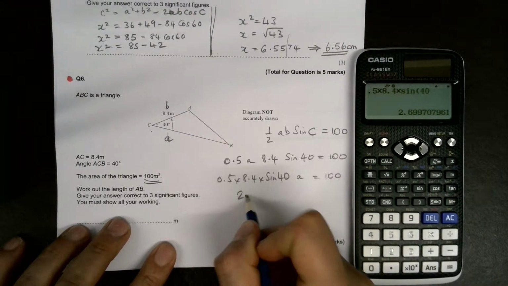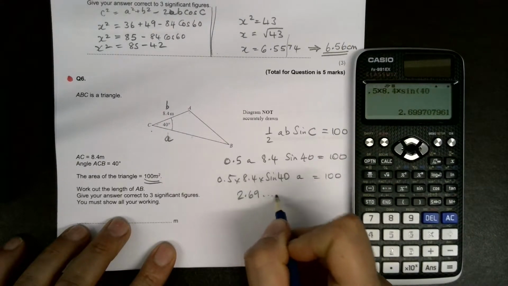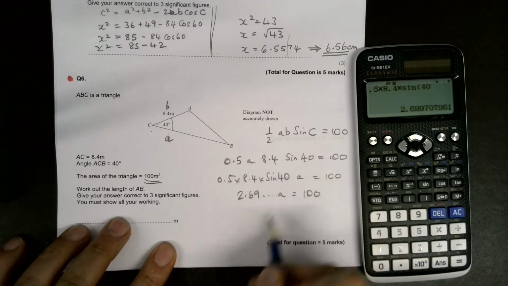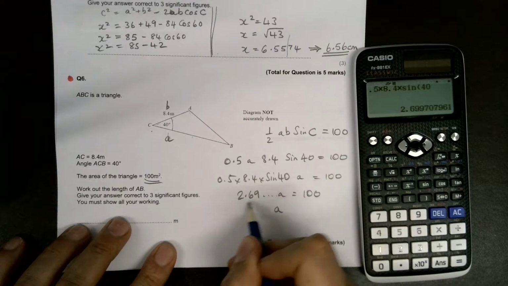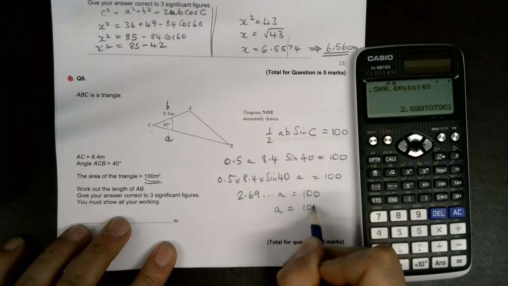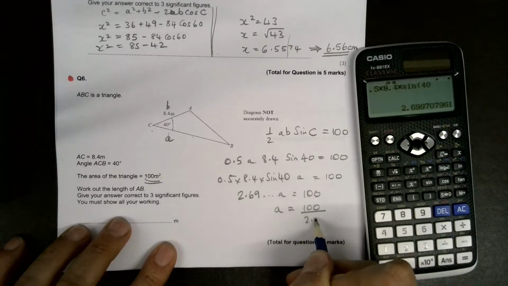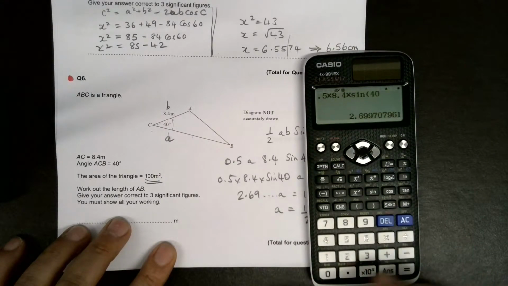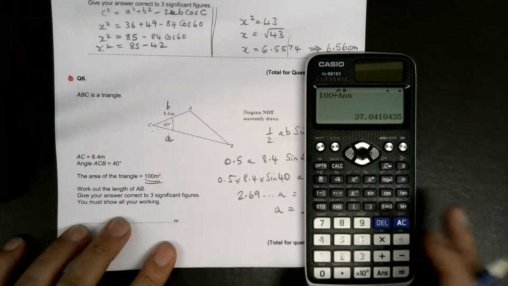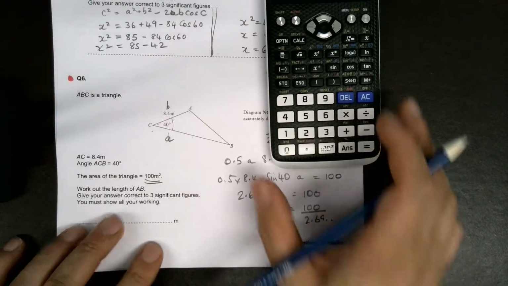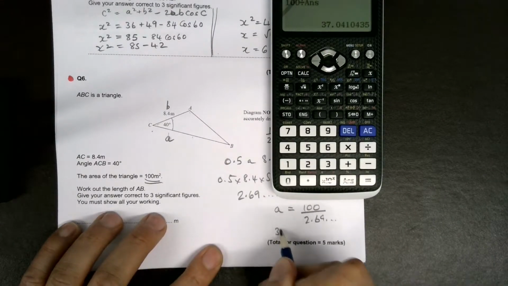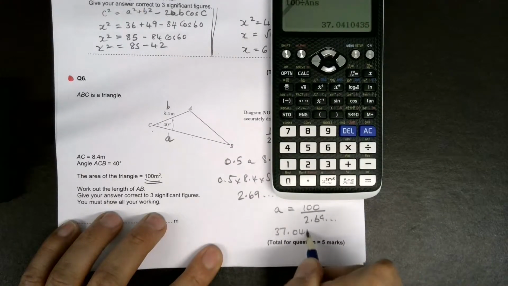So 2.69... A equals 100. To find the missing letter, I have to divide by this number. So 100 divided by 2.69... Let's do that. 100 divided by answer equals, and we have an answer of 37.041.